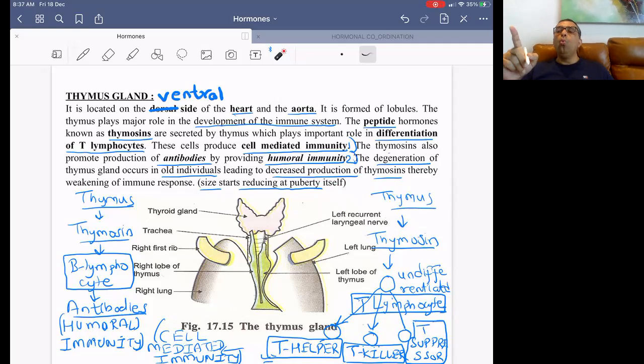Thymus gland. Which gland or hormone helps in stimulating B lymphocyte to shoot antibodies, that is humoral immunity? Thymus gland. What hormone is given by it? Thymosin. Thymosin is what kind of a hormone? It is a peptide hormone, and that is the beauty of the thymus gland. So I hope you all have understood thymus.